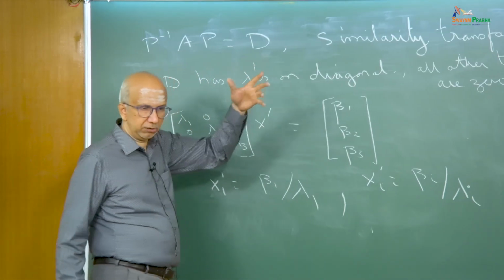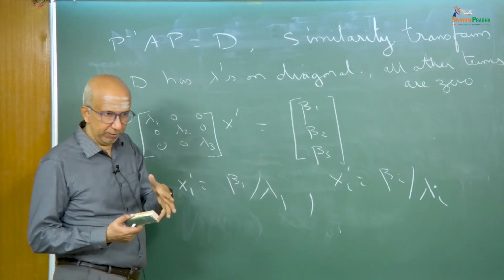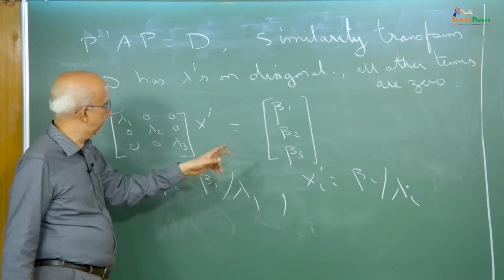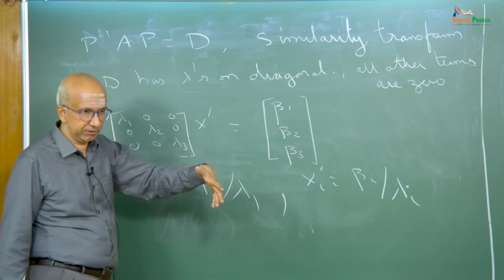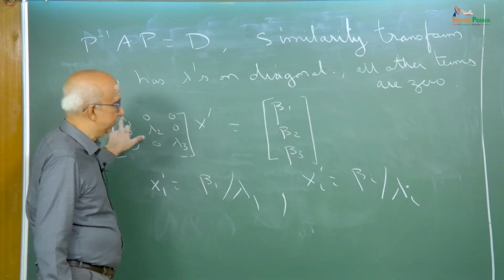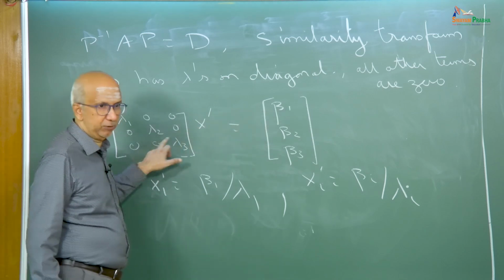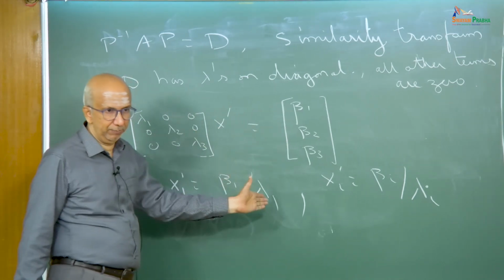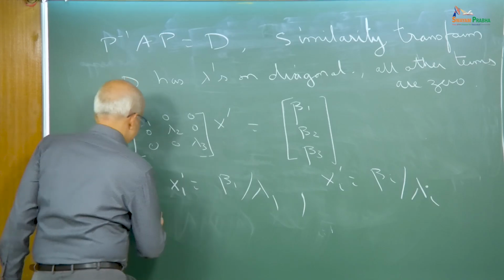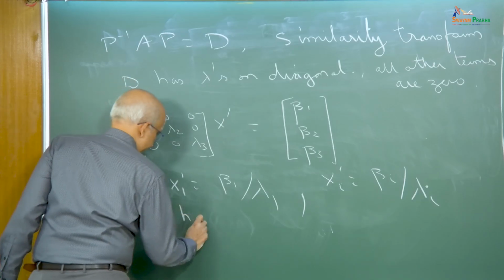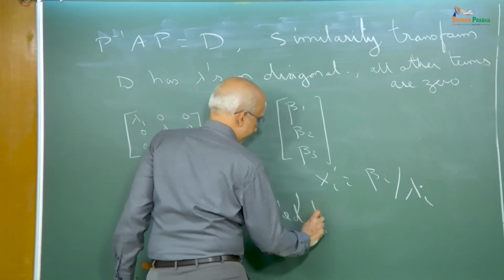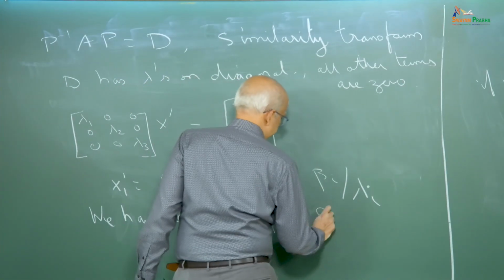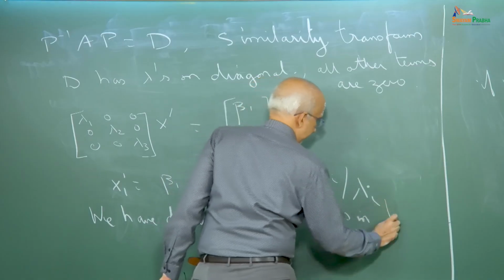What was originally a system of coupled equations is now decoupled, because in this new eigenbasis, the first coordinate depends only on the first, the second depends only on the second, because only diagonal elements are there.